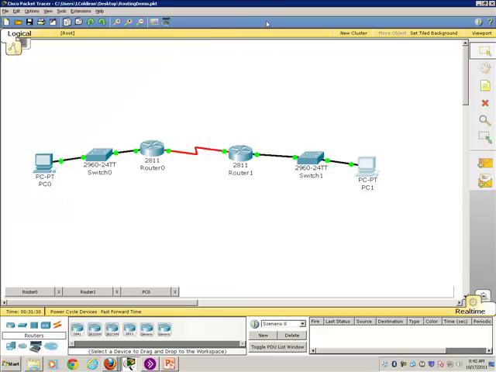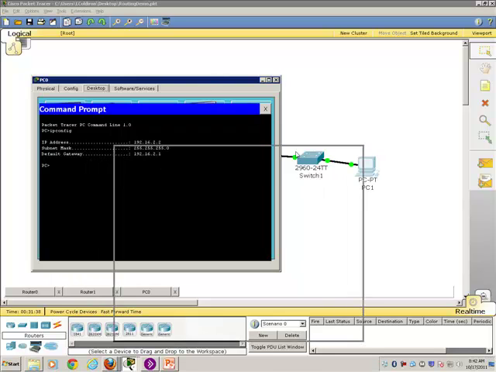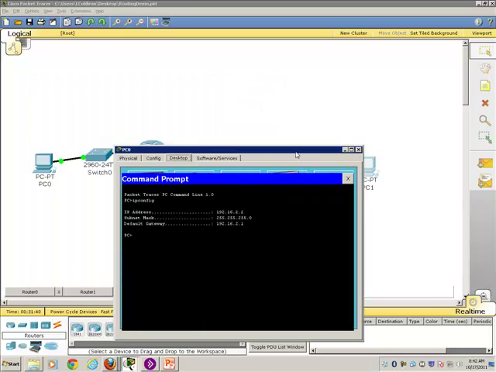So I kind of am in the habit of going from left to right. So let's try this thing. This one has a default gateway 192.16.2.1. So can we ping that?